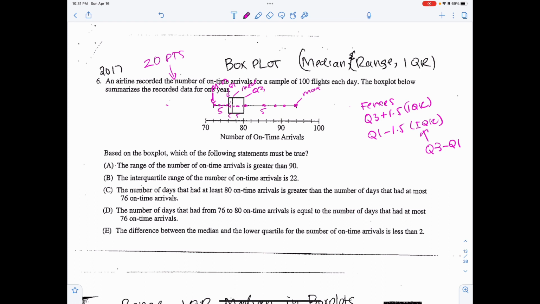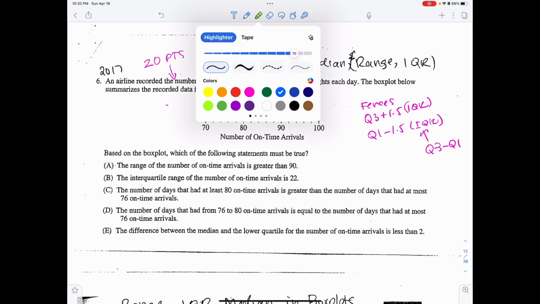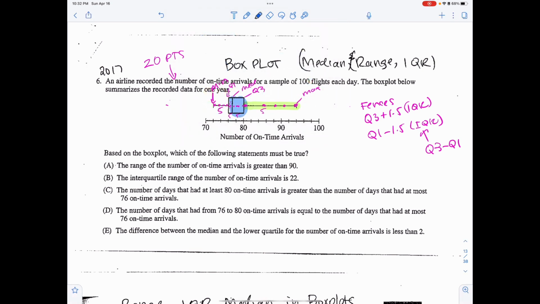That's the biggest thing I think people forget: they think there's more data here because it's longer, but it's not that. It just means it's more spread out. Because remember, a box plot is 25% in the first quarter, 25% in the second, 25% in the third, and of course 25% in the fourth. So they're equal numbers of data points, just more spread out or less spread out.